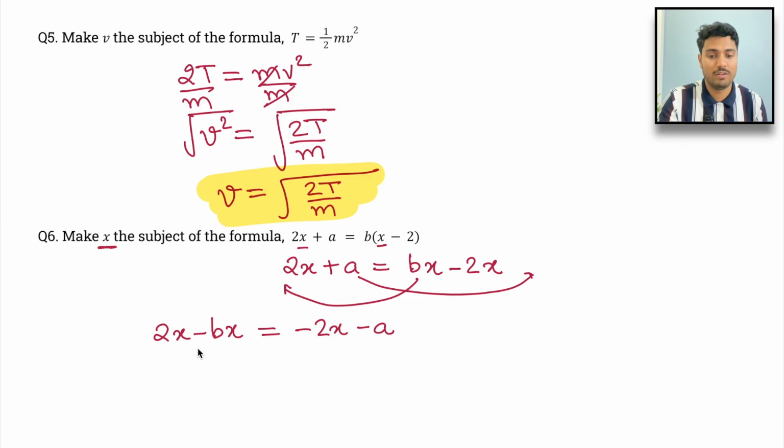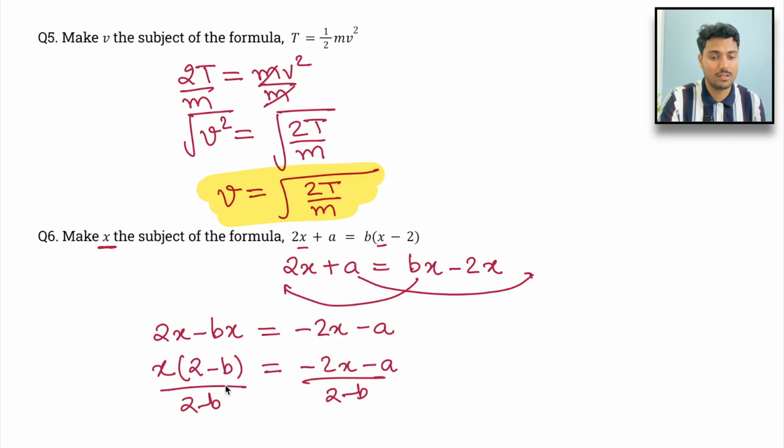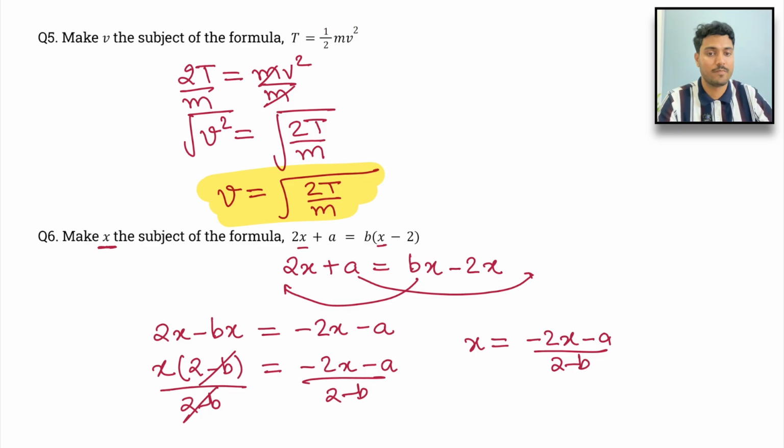Now in the LHS, where we have 2x and minus bx, we can take x common because we have x with both the terms. So we can write x times 2 minus b is equal to minus 2x minus a. And now we can divide by 2 minus b both the sides to get the answer. So finally, x is equal to minus 2x minus a divided by 2 minus b, and this is the final answer.